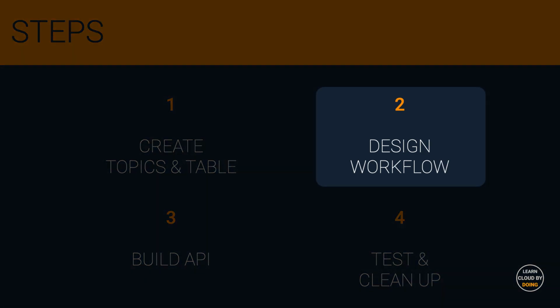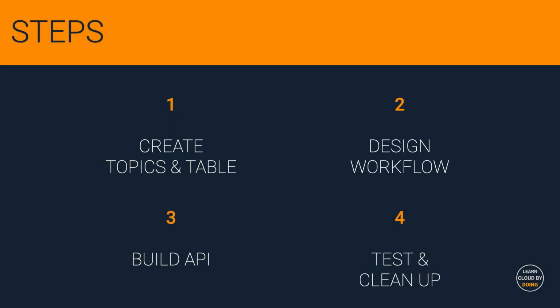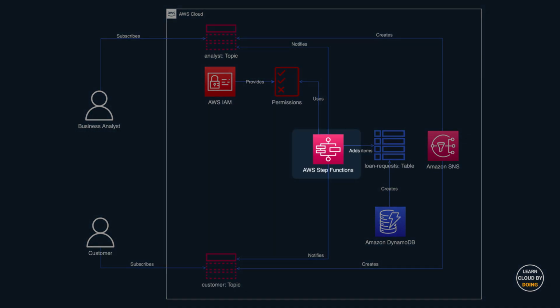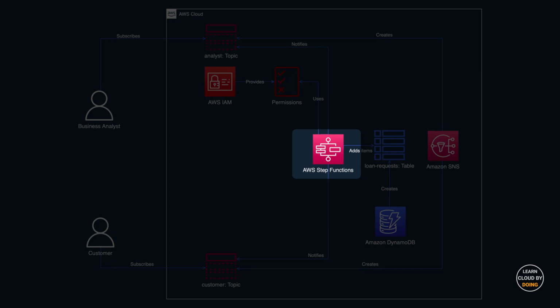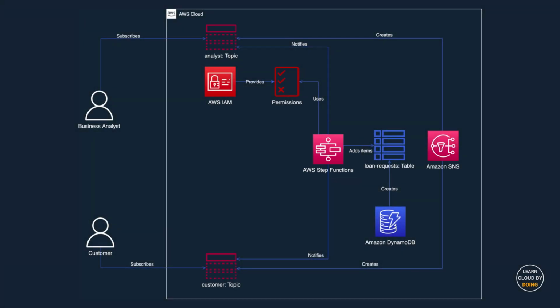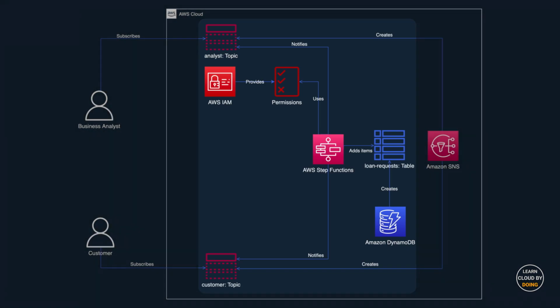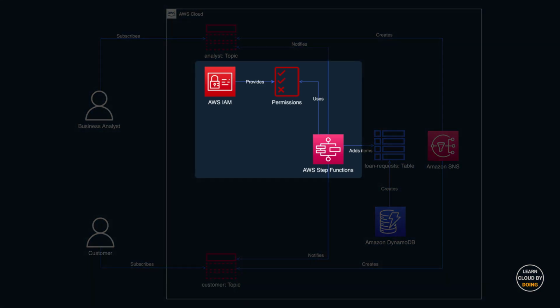Second step: design workflow. In this step, you use the AWS Step Functions service for designing and, later, executing your loan request workflow. The workflow interacts with AWS resources previously created, which requires permissions.